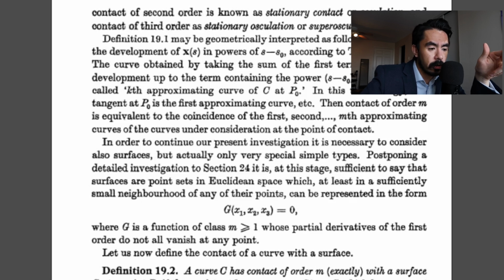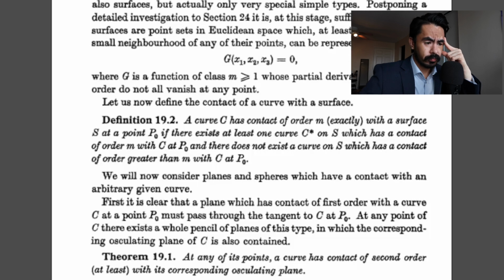So solving for x1 in terms of x2 and x3, or solving x2 in terms of x1 and x3, representing the function g that way. That is going to be done in one of the proofs that is going to come up here in a little bit, so just a heads up.